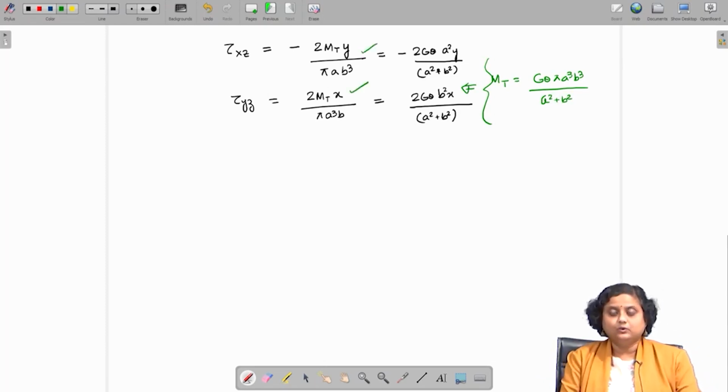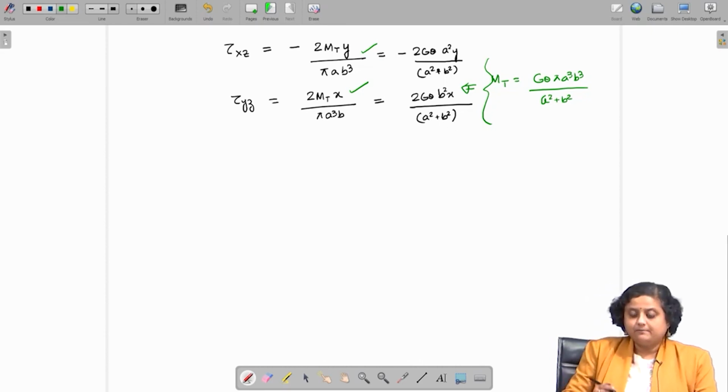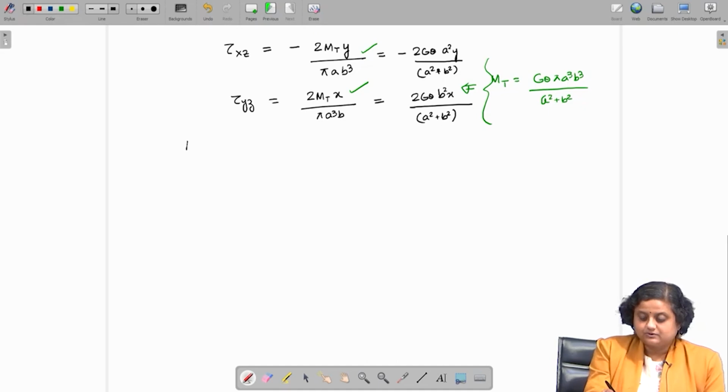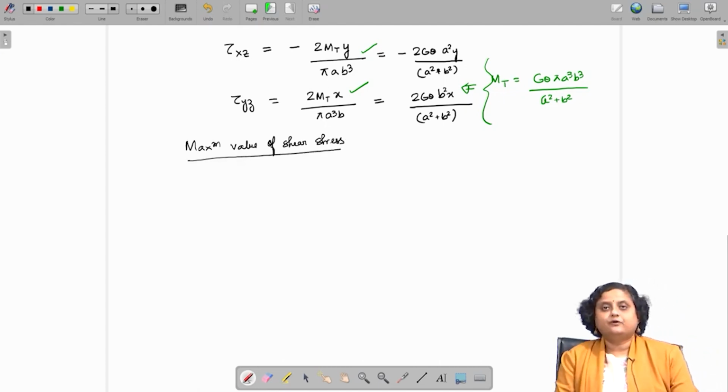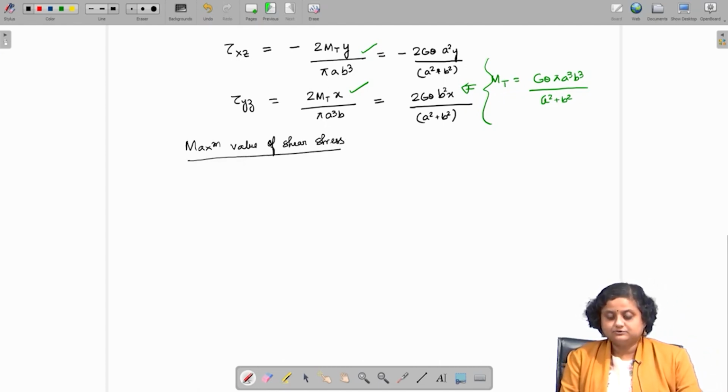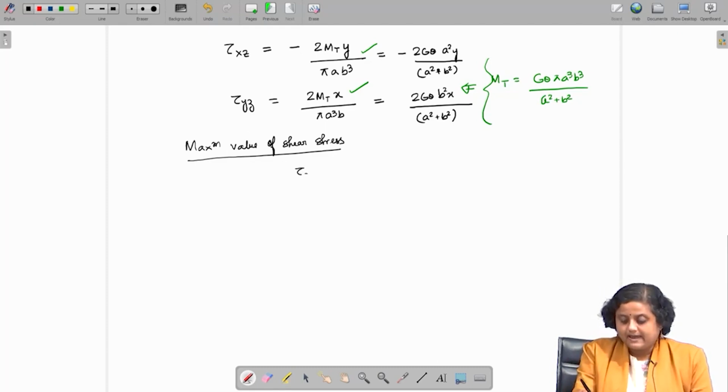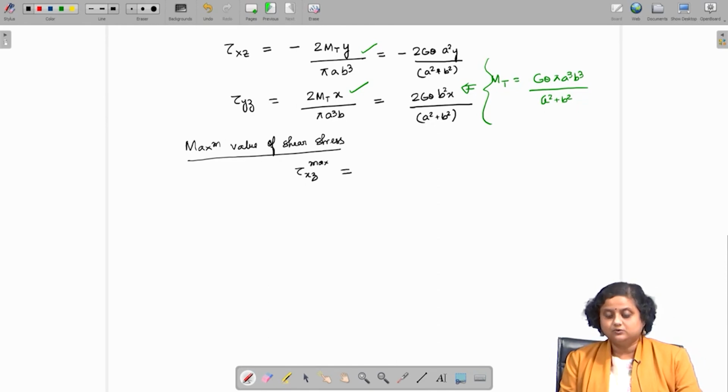Now, let us look at these expressions and find out the maximum value of shear stress. What would be tau xz max? Tau xz max occurs when y is equal to b.